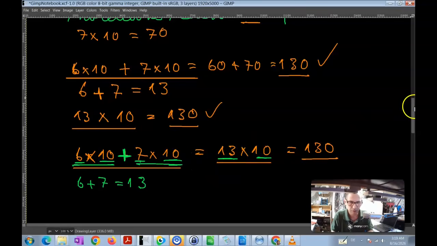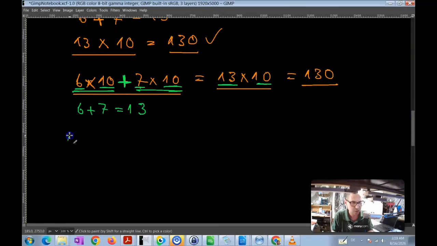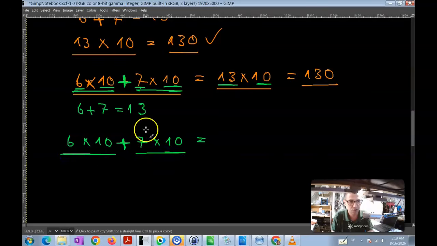Which means that I have this expression plus this expression, both are multiplication, and then they have been added together, right?